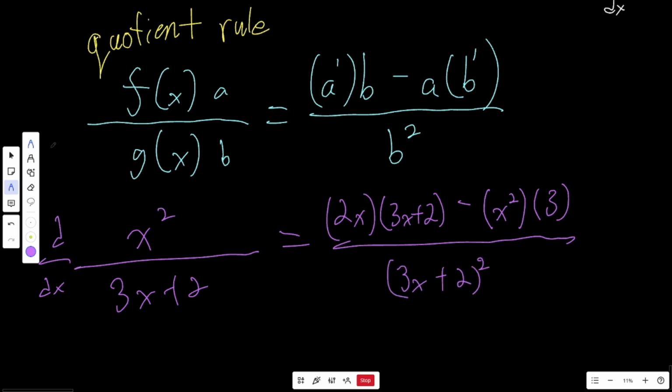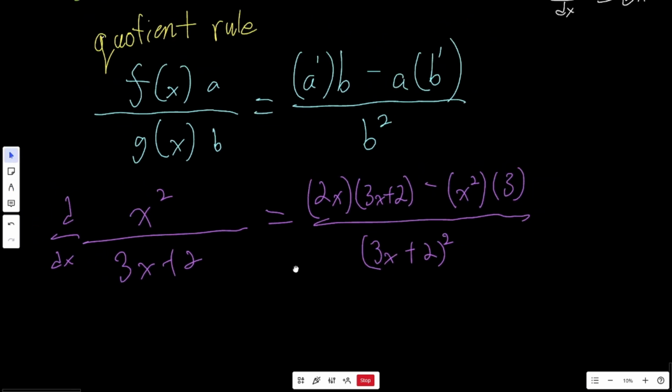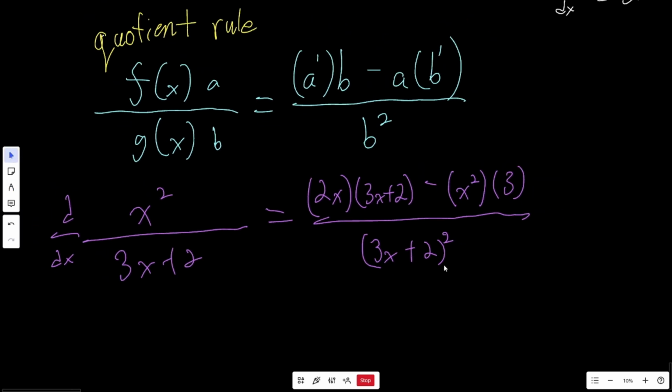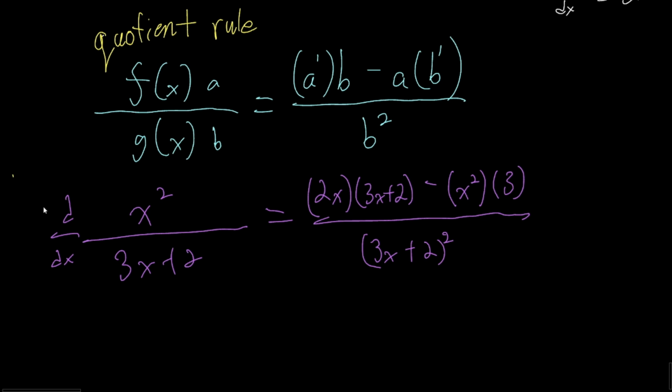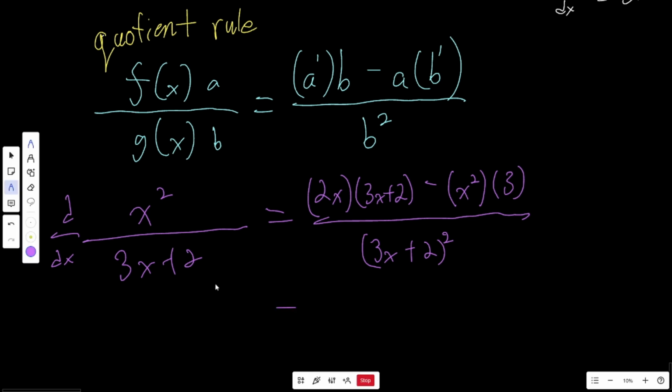Now, for the quotient rule, you don't really have to simplify the denominator. It's widely accepted that 3x plus 2 squared is already in simplest form, unless of course your final answer can still be cancelled and whatnot. But ideally, in most situations, this is acceptable. So it would most likely be up to your teacher.